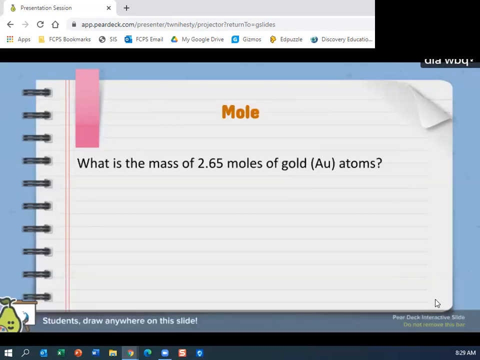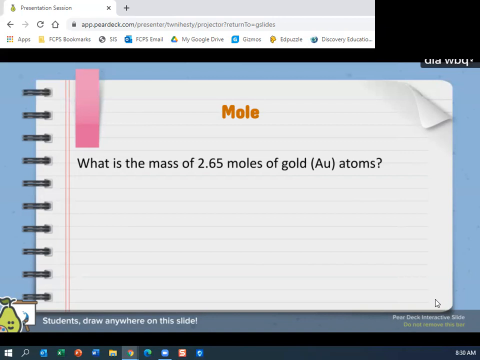Let's try to solve this question. It says, what is the mass of 2.65 moles of gold atoms? Okay. So we have moles and we have something we want to figure out. And also remember during the test to show your work as well.